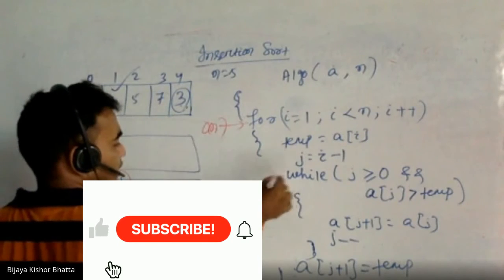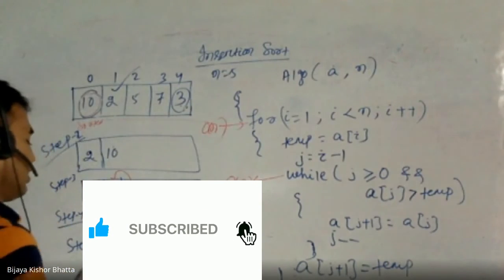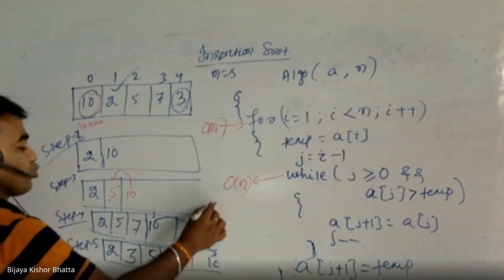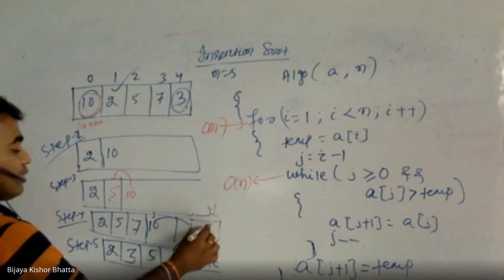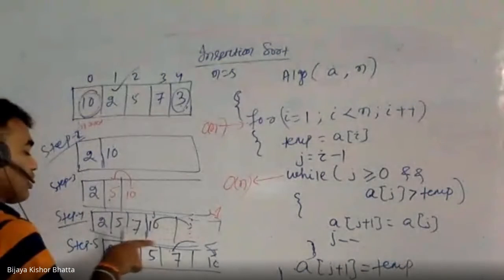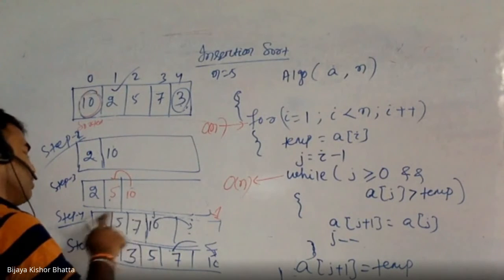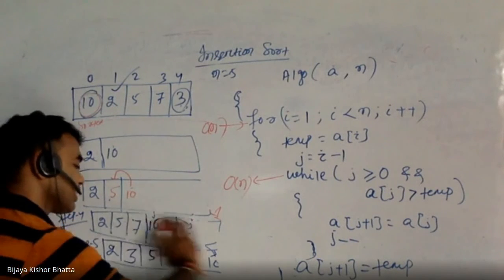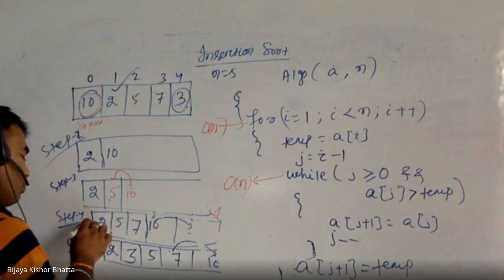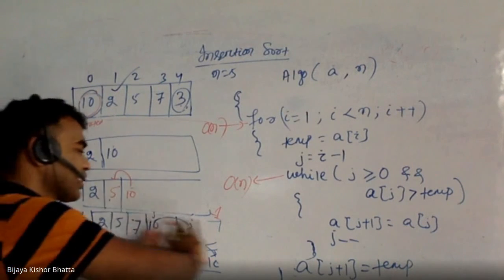Suppose the last element is 1: you will compare with every element and shift every element, n elements shifted, and put 1 at the beginning.